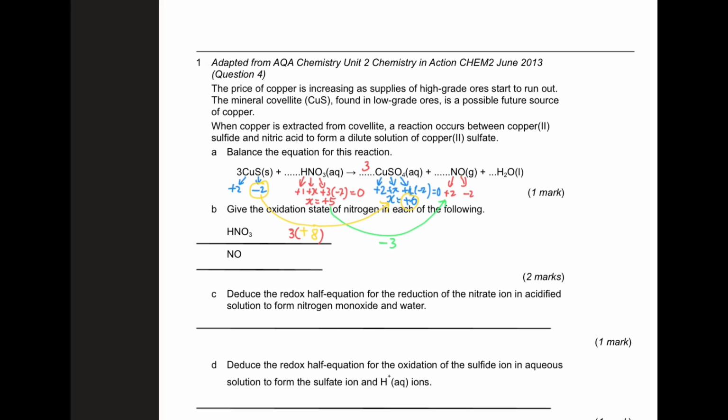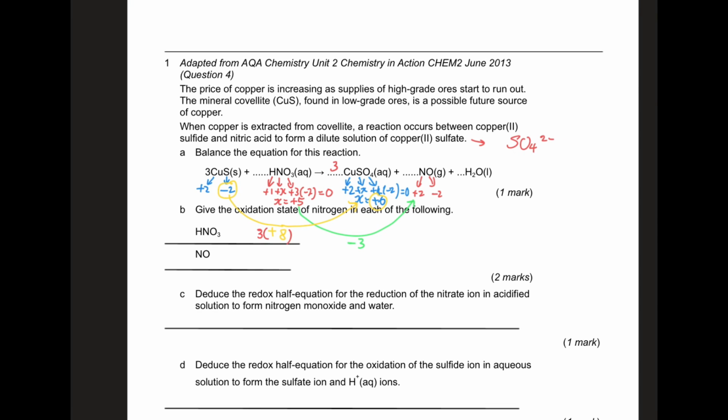Sulfur, so there's a change. Of course, sulfate is something that we know long time ago. Sulfate is SO4 2 minus. If you don't know this, you can also do it like this: 4 times minus 2 equals negative 2, then you get x equal to positive 6.